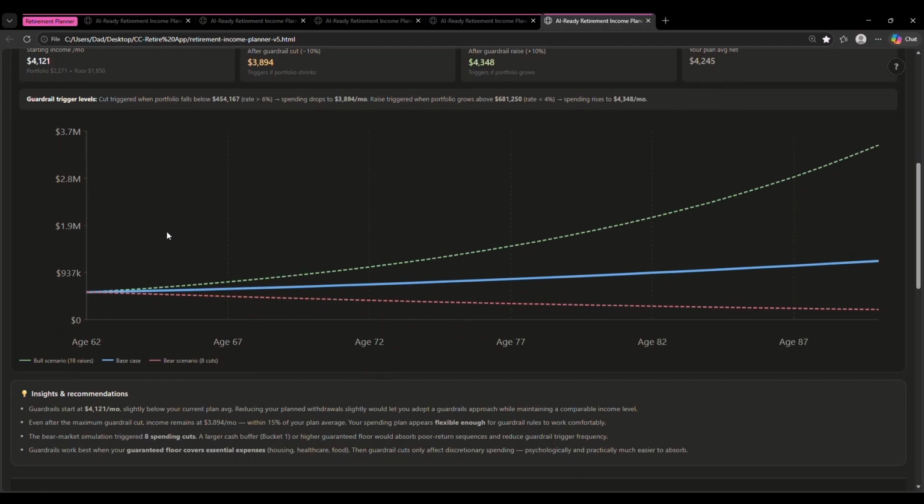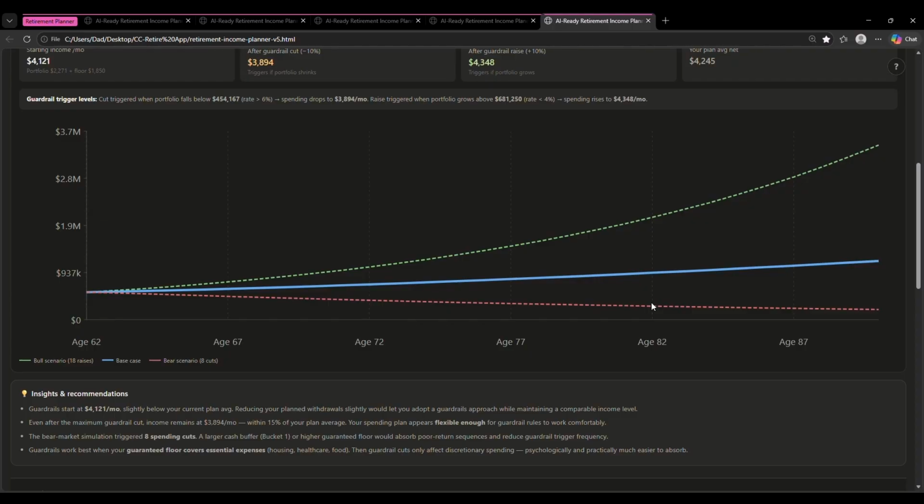So let's look at the graph here, and this shows 3 simulated trajectories. The bull market is in green, the base case here is in blue, and the bear market is in red. The number of raises and cuts triggered in each scenario is shown by the legend. If the bear scenario only triggers 2 cuts, that's reassuring.